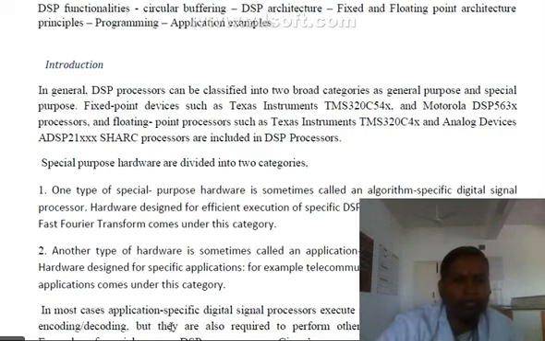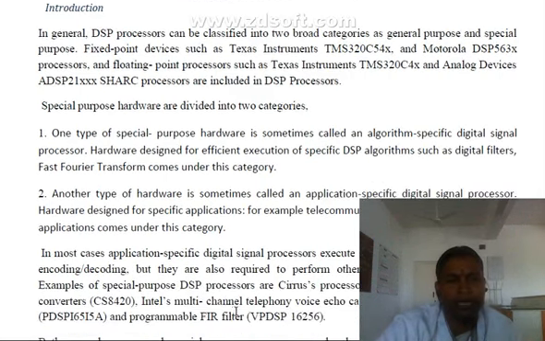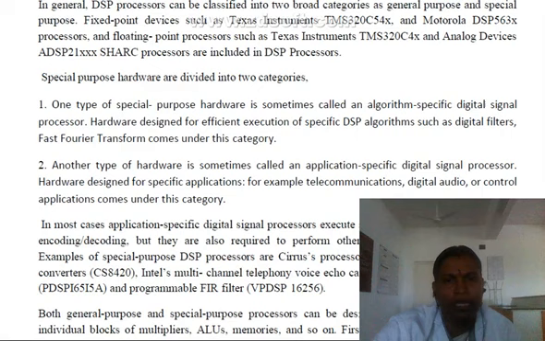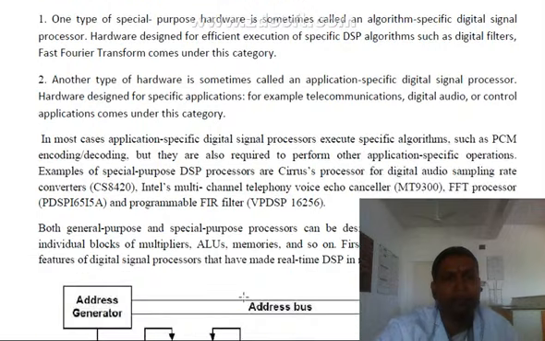Most digital signal processing applications execute a specific algorithm such as PCM encoding and decoding, but they also are required to perform other application specific operations. Examples are the Intel multi-channel telephony voice echo canceller, FFT processor and programmable FIR filter design.